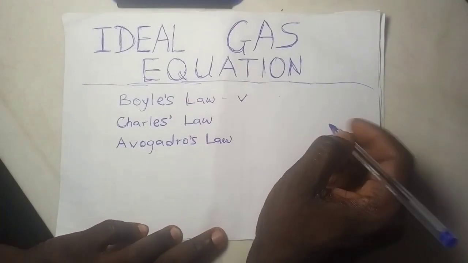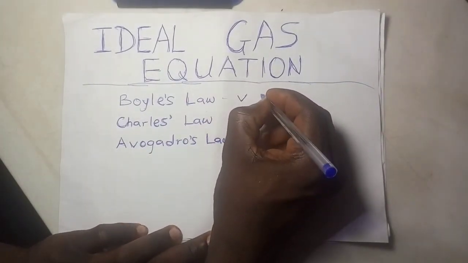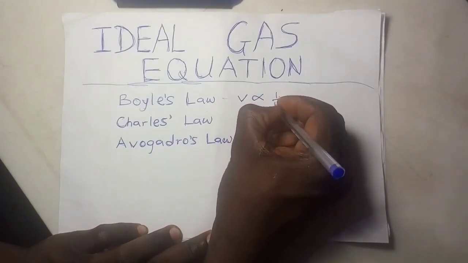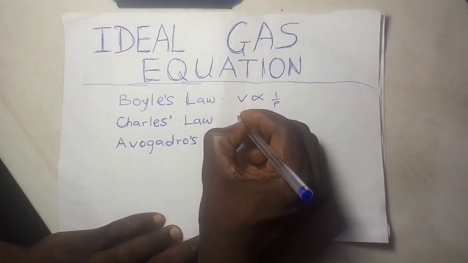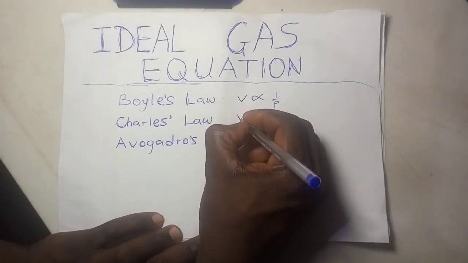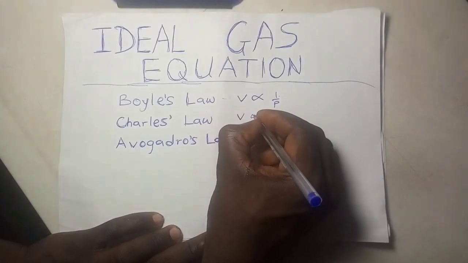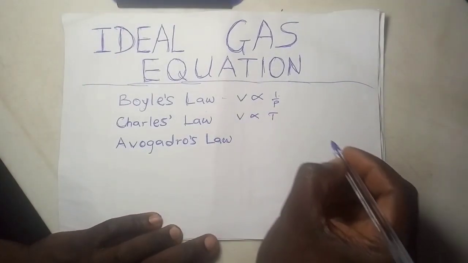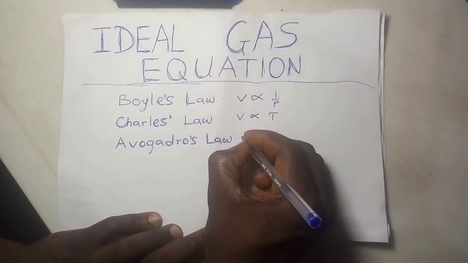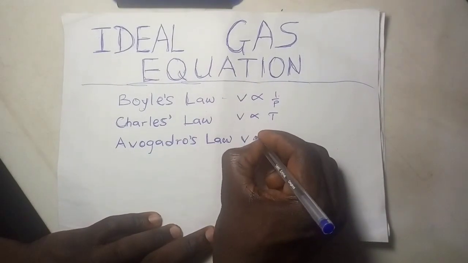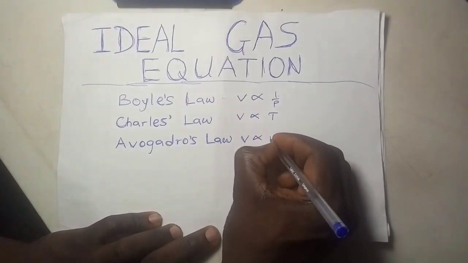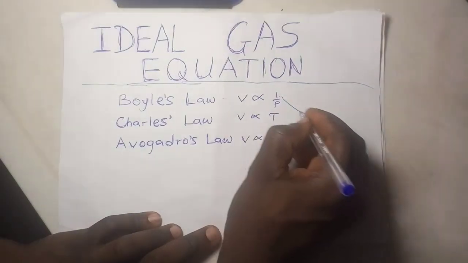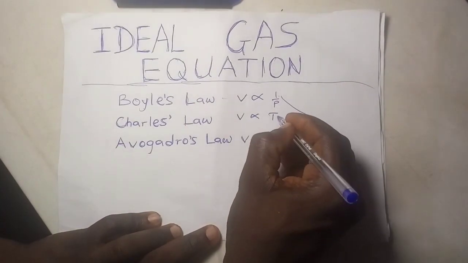Very quickly, in Boyle's law, volume is inversely proportional to P. Meanwhile, in Charles's law, the volume is directly proportional to T. And here, the volume is directly proportional to the number of molecules. So if you combine these three together, what will come out?